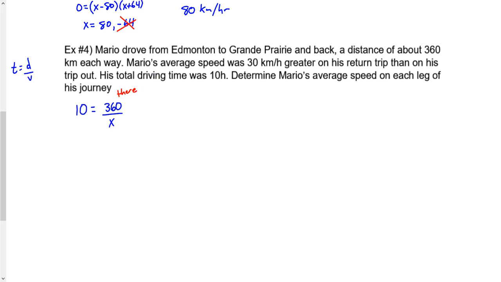That's his speed when he's going there. But when we're going back, his average speed was 30 kilometers per hour greater, which means x add 30.